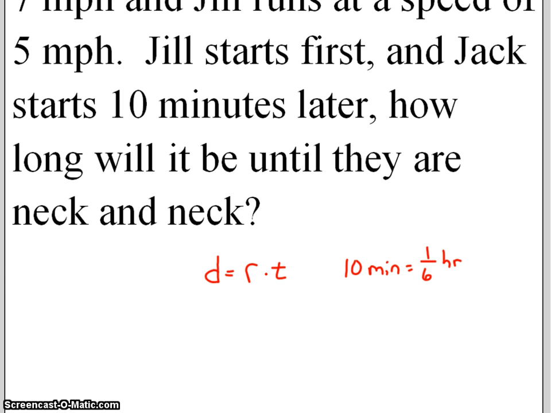We might want to keep everything in terms of hours. 10 minutes is 1/6 because there's 60 minutes in an hour, so 10 over 60 is 1/6. So Jill's running 1/6 of an hour more, so Jill's time is 1/6 of an hour more.